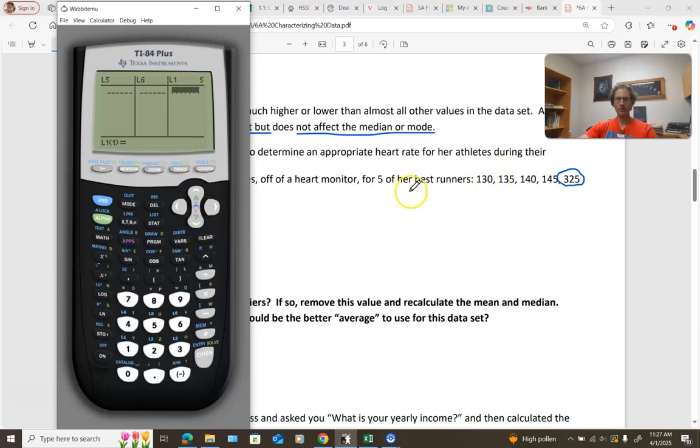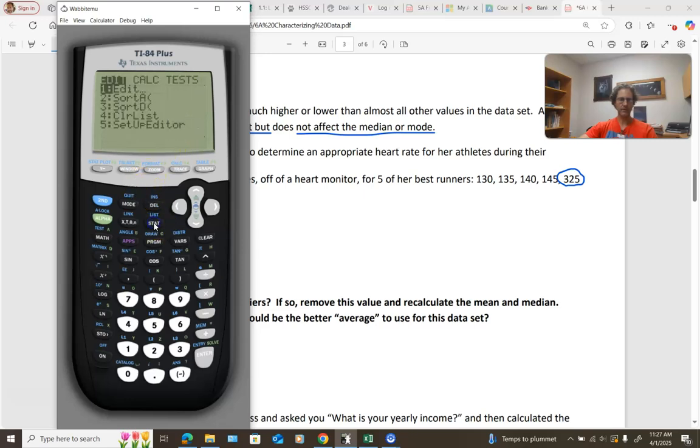And now I'm going to input this new data, which is heart rates. So I have those 5 data entries in there.